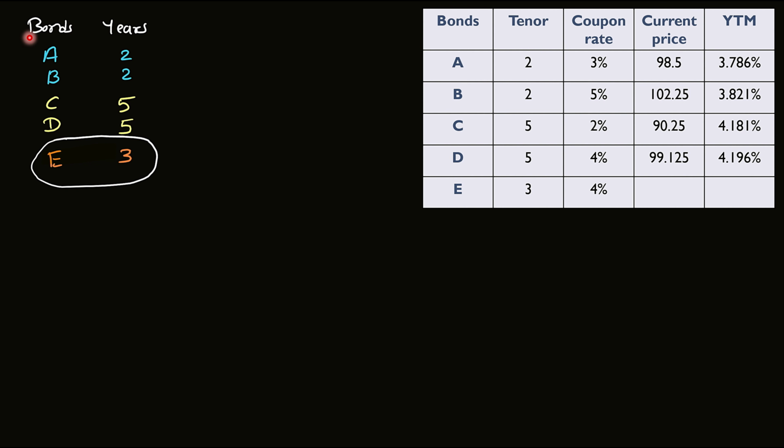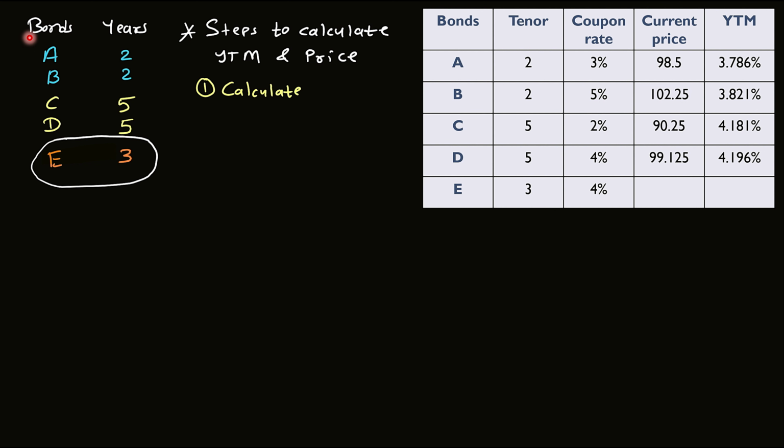Okay. Now, there are several steps involved when it comes to finding the yield to maturity and the value. There are steps to calculate the yield to maturity and then the price. So the first step is to calculate the average yield to maturity.